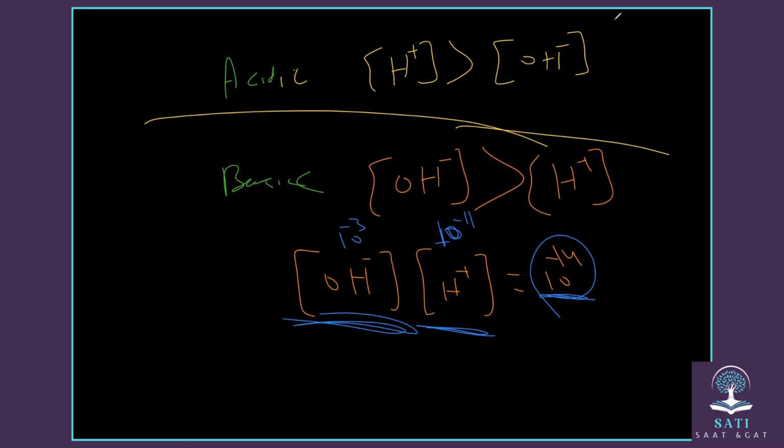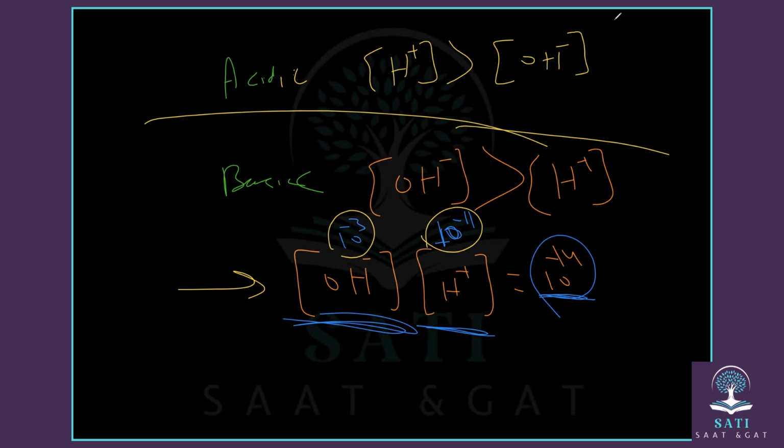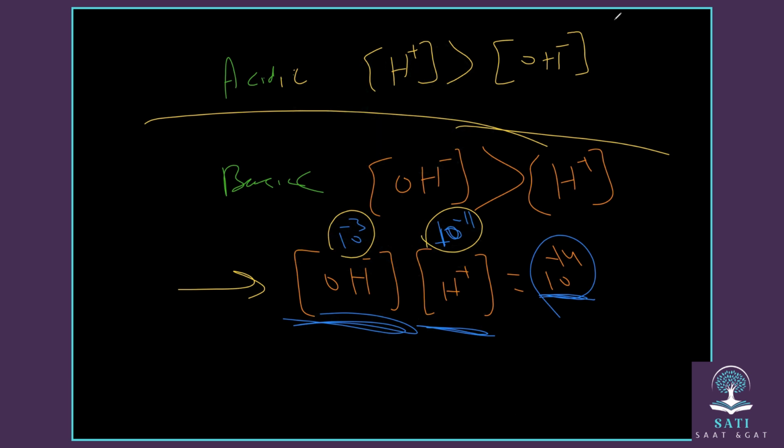Now, in this solution, is it acidic or basic? This number means concentration. Which number is greater, 10 to the power of negative 3 or 10 to the power of negative 11? Look, with a negative power, the higher the number next to the negative, the less the value.